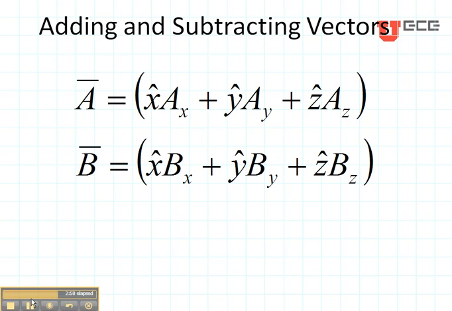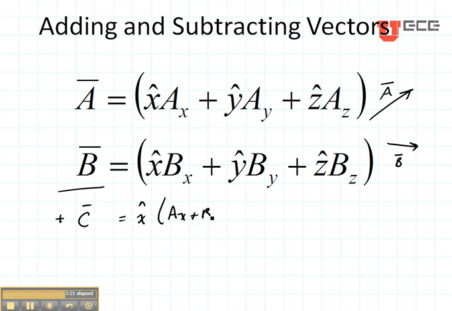Now let's consider 2 vectors, a and b. Here is a vector a, like this, and here is a vector b, like that. If we wanted to add these 2 vectors and get c, where a plus b is equal to c, then what we would do is add each individual component, like this, and so on.